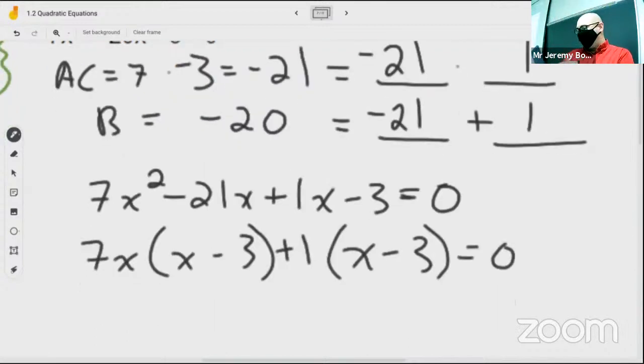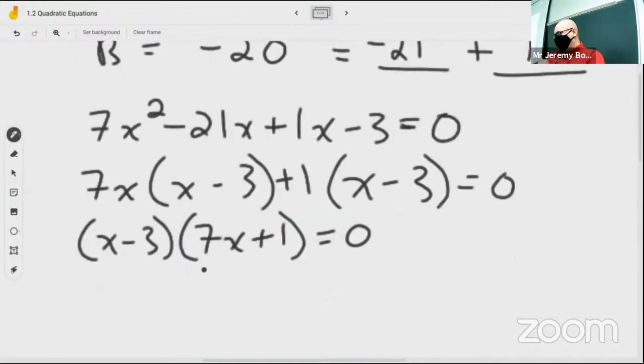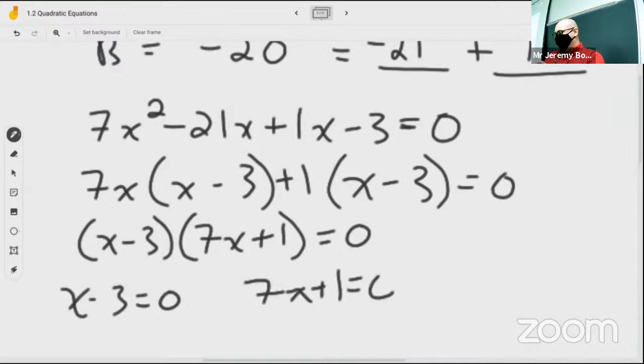And so now, x minus 3, x minus 3. What's left over? 7x plus 1. And that's equal to 0. Okay. The zero product property applies here. x minus 3 is equal to 0, or 7x plus 1 is equal to 0.